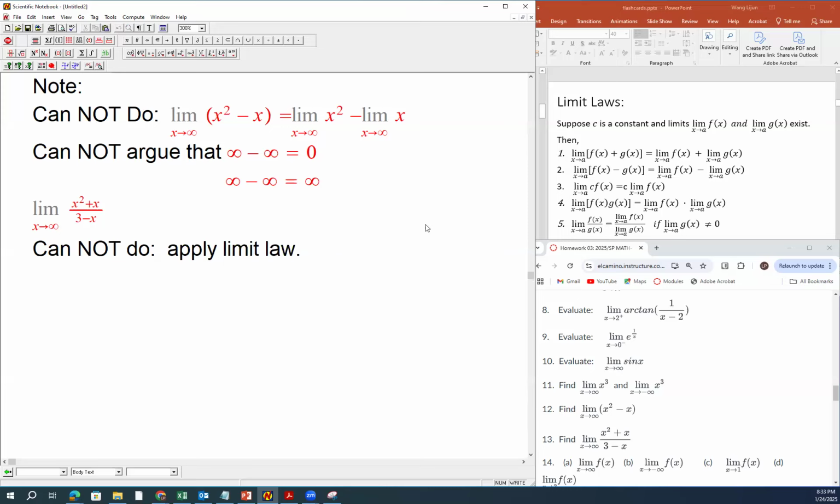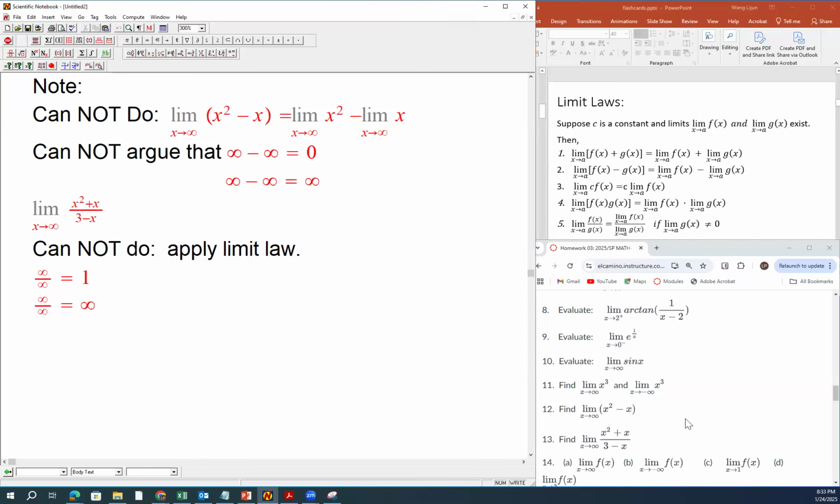And also, we cannot use the argument saying, oh, infinity over infinity is equal to 1. And we also cannot use the argument saying, oh, infinity over infinity is infinity.